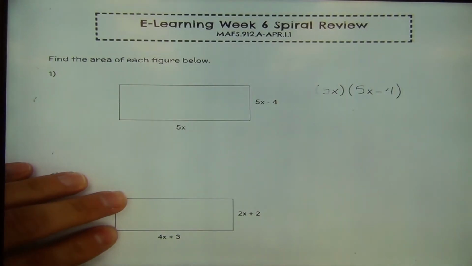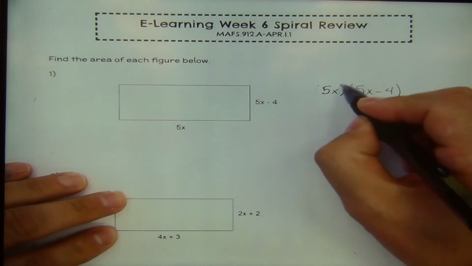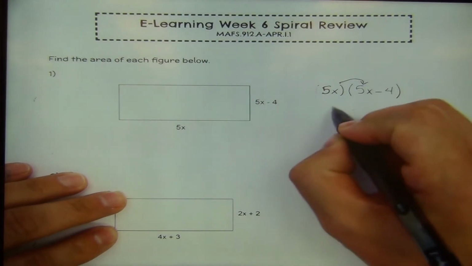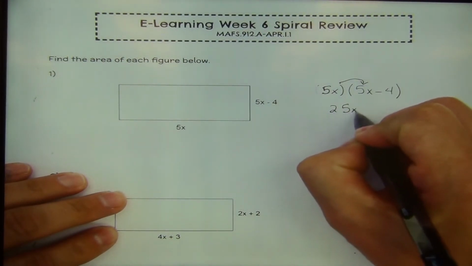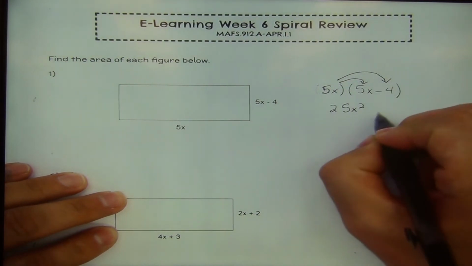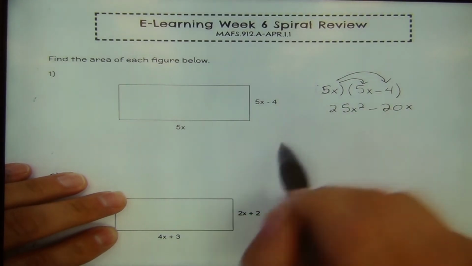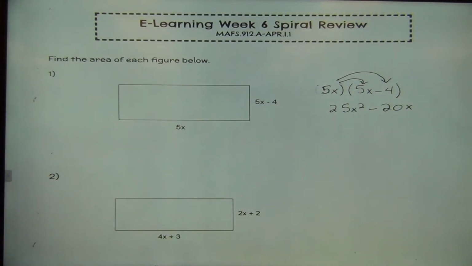In this case, it's just straight up distributive property. So 5x times 5x is 25x squared, and then 5x times negative 4 would be negative 20x. And that would be the area of this first rectangle.